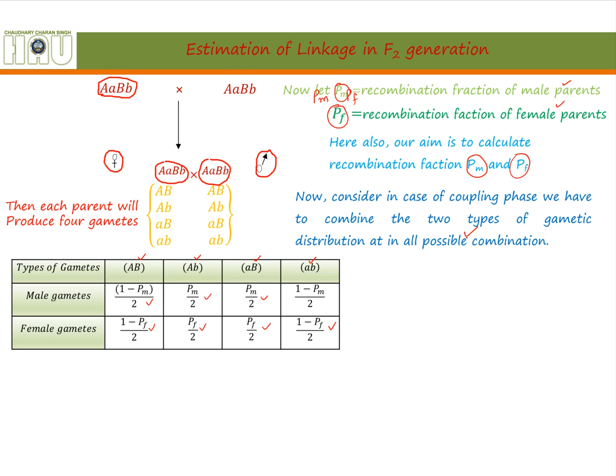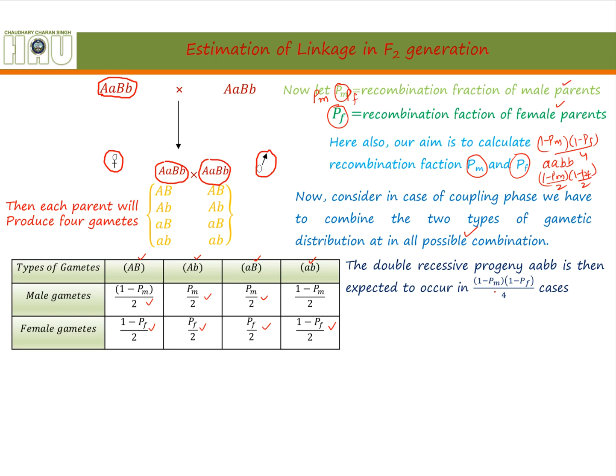So the double recessive progeny, which is given by small a small a small b small b, is then expected to occur how many times? For male it is 1 minus PM by 2, for female 1 minus PF by 2. So when I multiply it, it becomes 1 minus PM into 1 minus PF divided by 4.